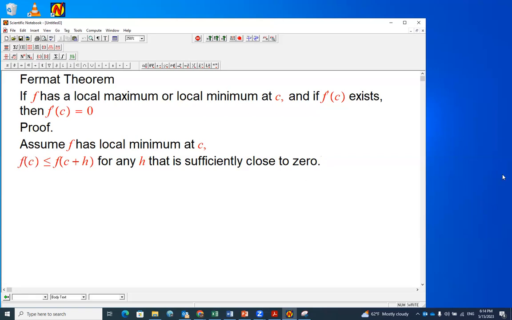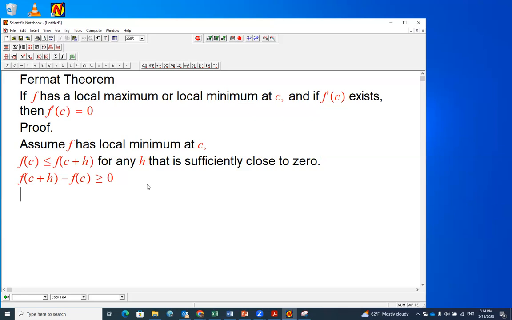So in a small neighborhood of c, by definition, f of c plus h minus f of c is going to be greater than or equal to zero, right? Because f of c is the smallest, for any h sufficiently close to zero.